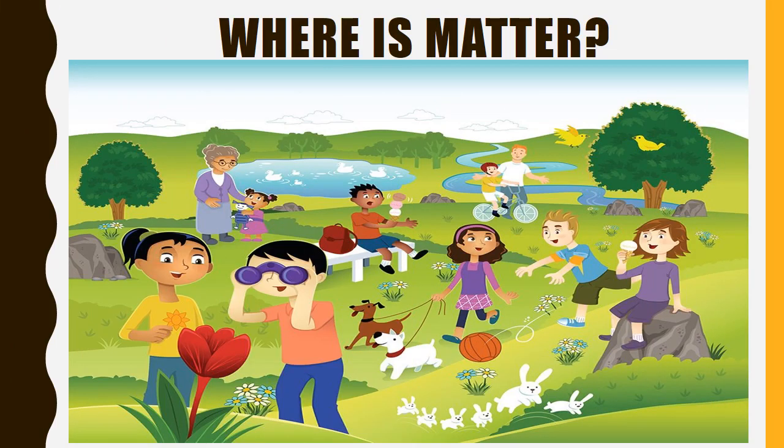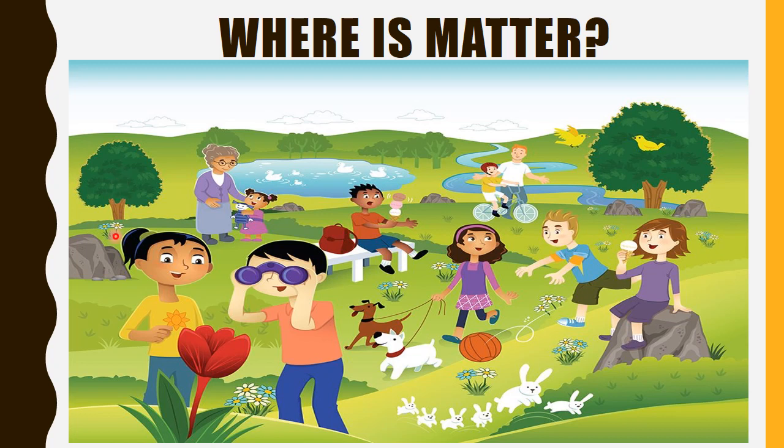In order to recall the meaning of matter, let's observe this picture together. Can you find matter? Where is matter? Yes, matter is everywhere. Matter is everything around us. Let's find them together. The tree is matter.